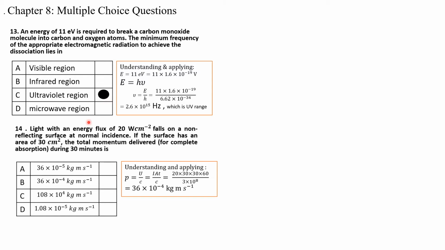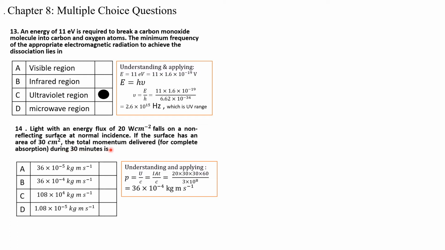Next question. Light with an energy flux of 20 Weber per centimeter square falls on a non-reflecting surface at normal incidence. If the surface has an area of 30 centimeters square, the total momentum delivered for complete absorption during 30 minutes is.